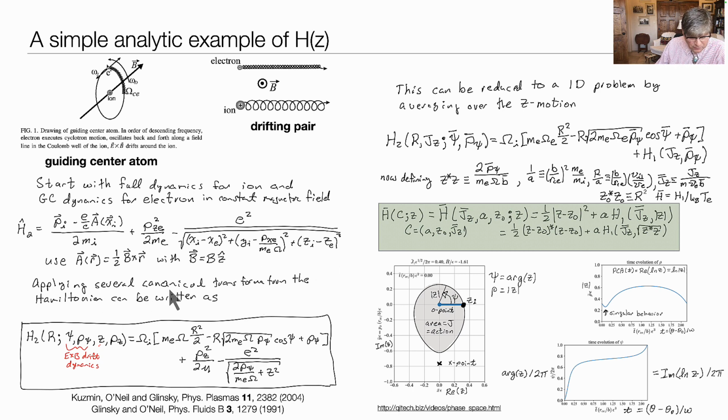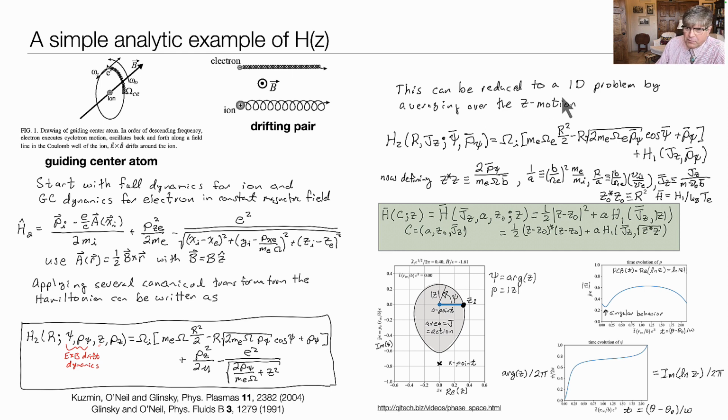We apply several canonical transformations that quite frankly use this concept of d log, or these polar transformations. And we get into two-dimensional dynamics in terms of the E cross B drift dynamics and the Z bounce dynamics.